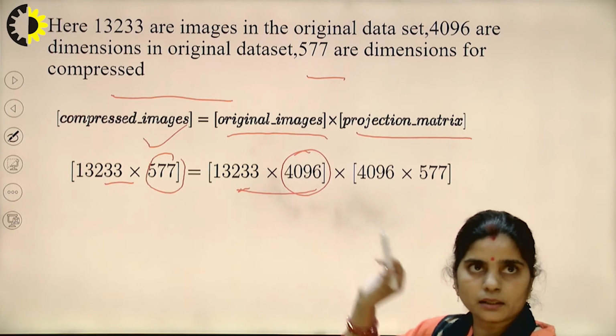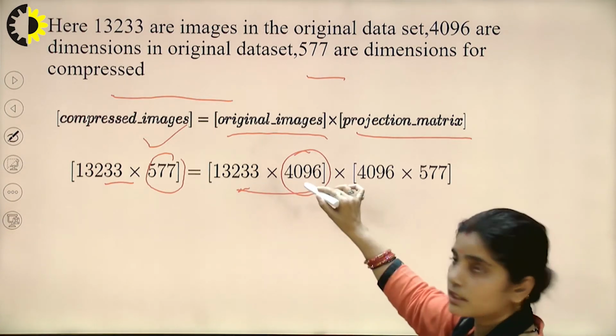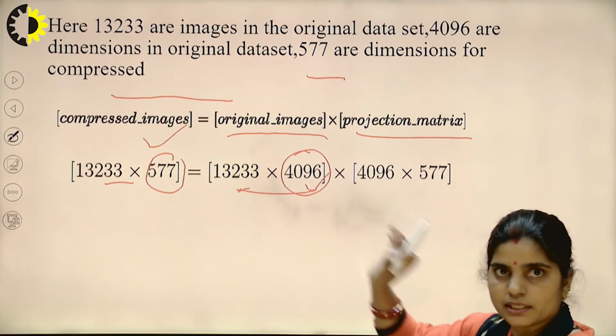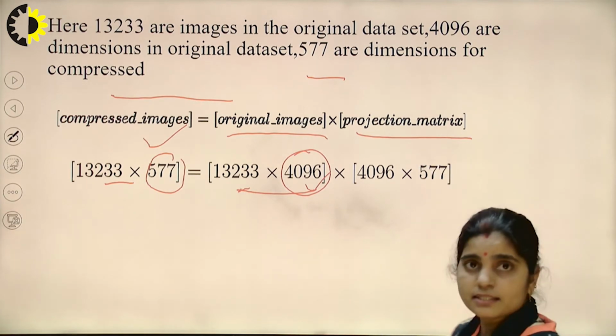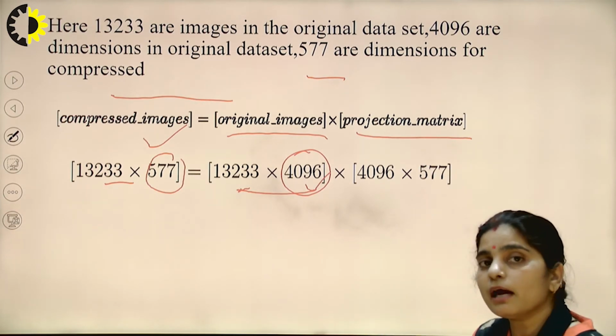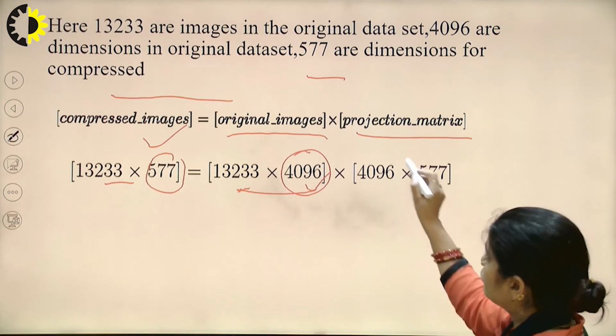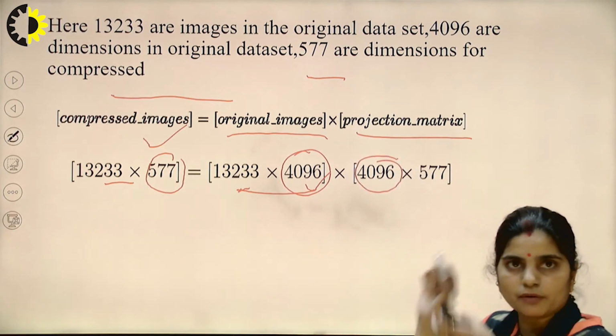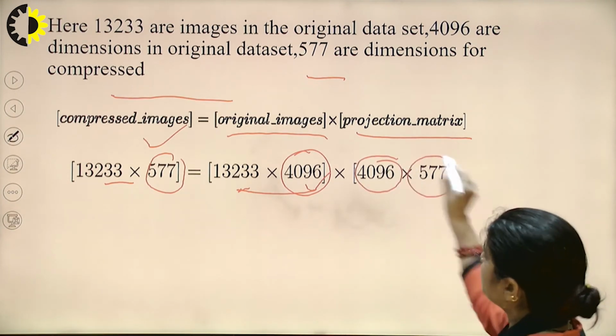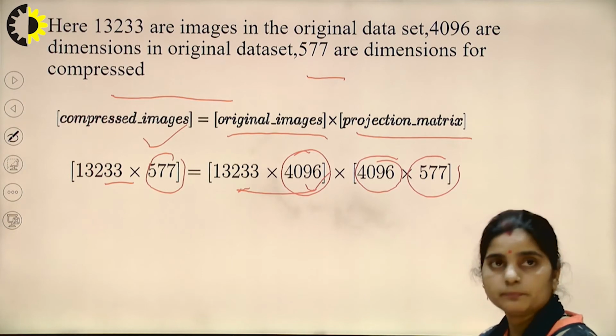The original data set has 13,233 images with 4096 dimensions. The projection matrix, from which we projected the compressed data from 4096 dimensions, will be multiplied to give the compressed value of 577.